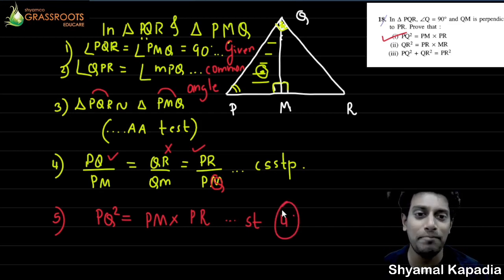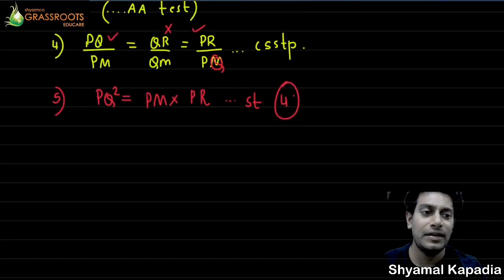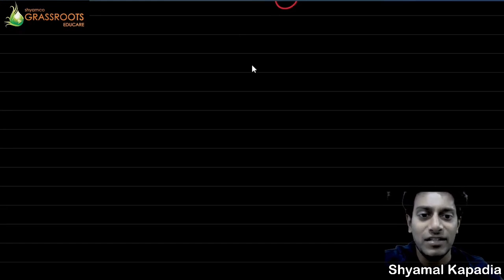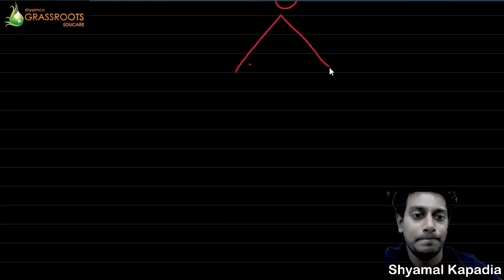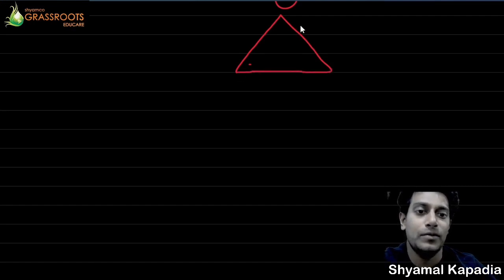Now for the second part, I'll be drawing the diagram once more. Then only I'll be able to explain it more thoroughly. So come along with me. At the bottom of the page, I'll be drawing the diagram again, a small short diagram. Same diagram.